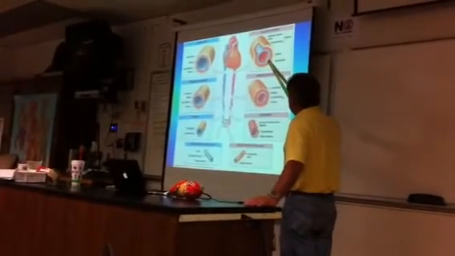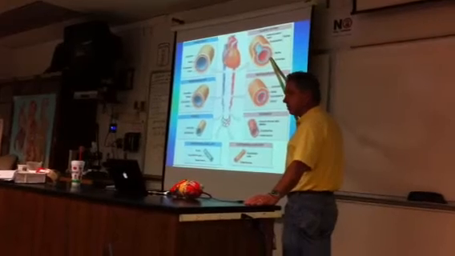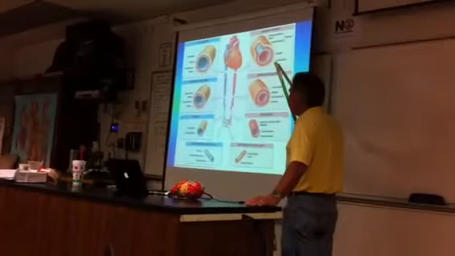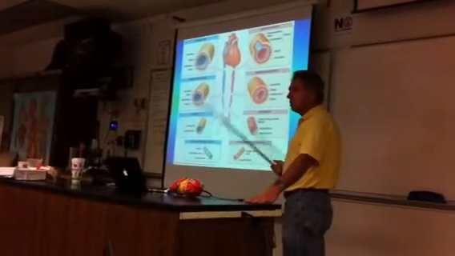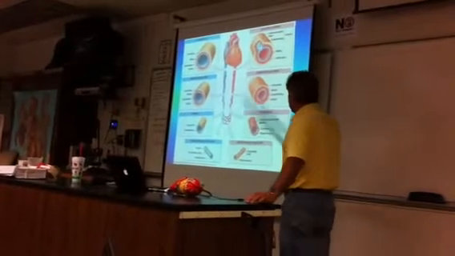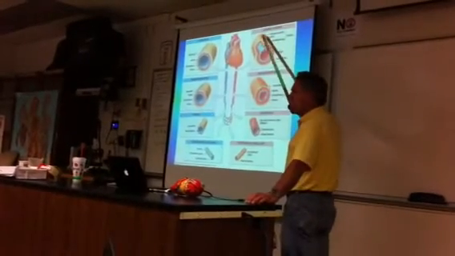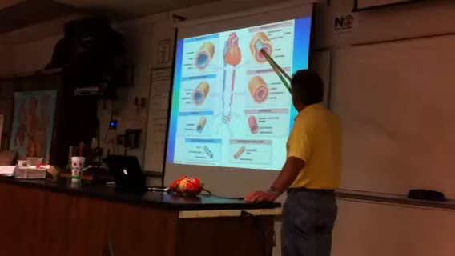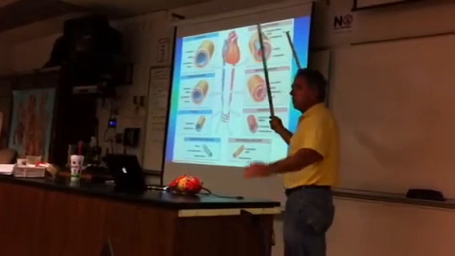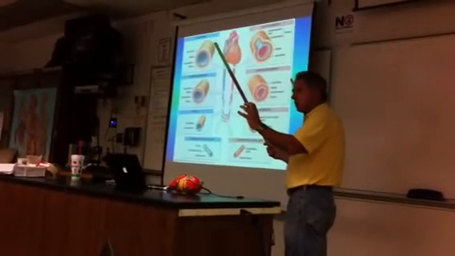Then there's a middle layer called the tunica media, which is smooth muscle. And then there's an outer layer called the tunica adventitia, sometimes also called the tunica externa, which is basically connective tissue. The big elastic arteries, however, also have elastic fibers in the inner tunica intima so they can expand with the blood pressure.